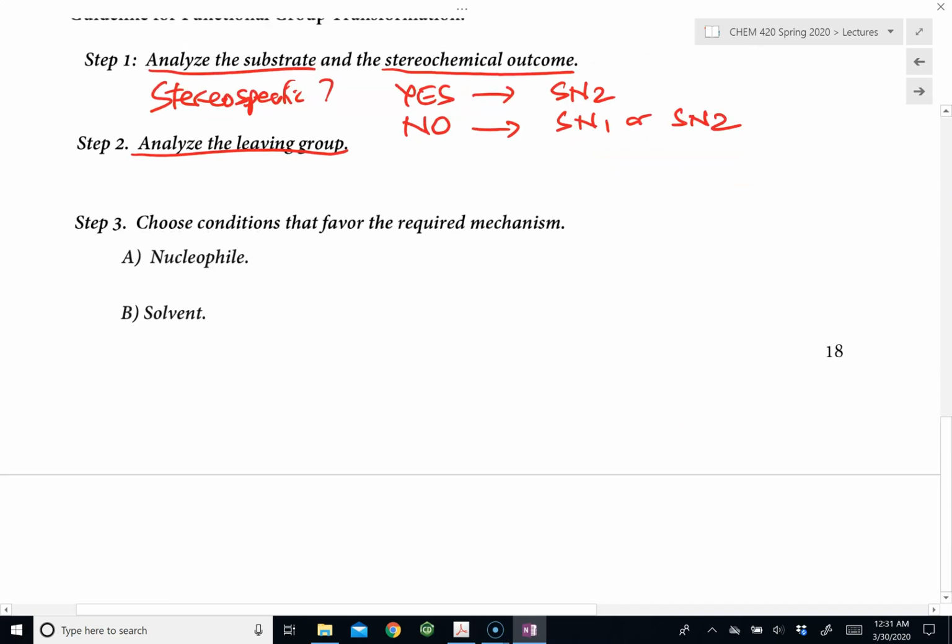And third, choose the condition that will favor the required reaction mechanism. First, pick your nucleophile. If we want to do an SN2 reaction, then we want to have a strong nucleophile. Whereas if we were to do an SN1 reaction, then we need to have a weak nucleophile. And second, the solvent.